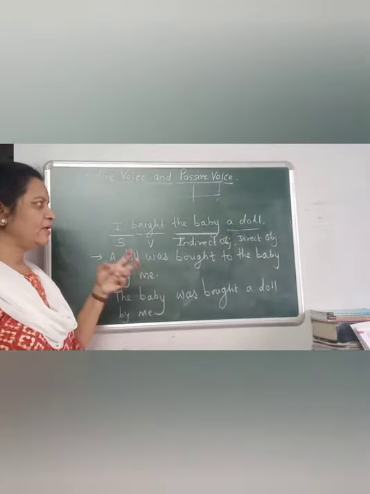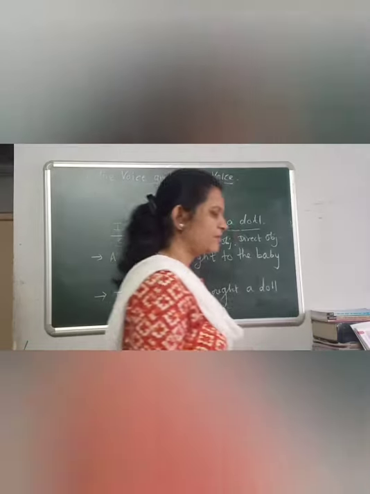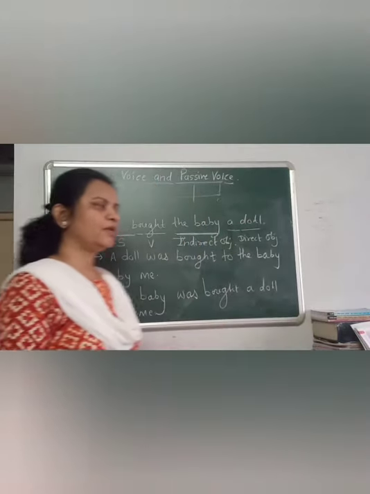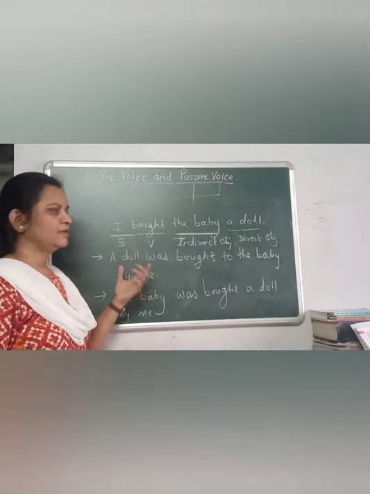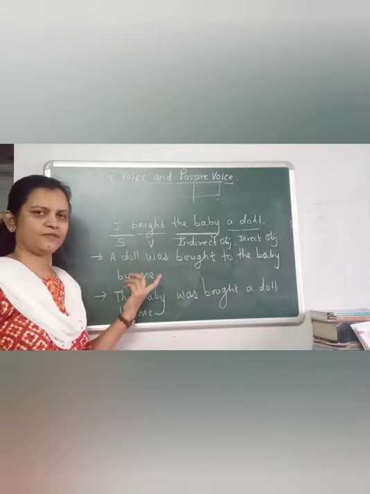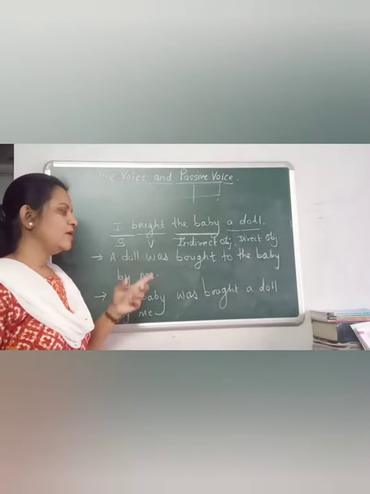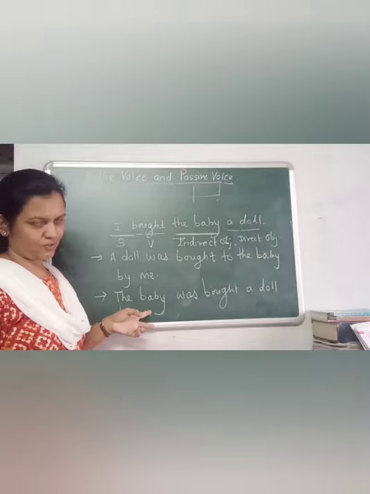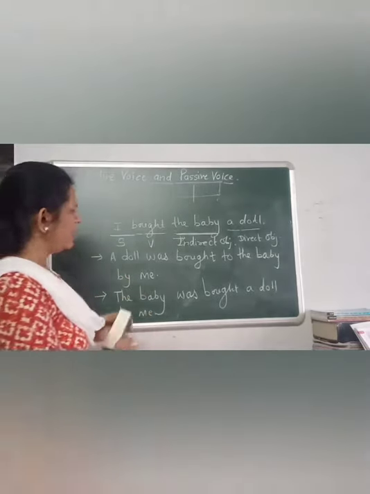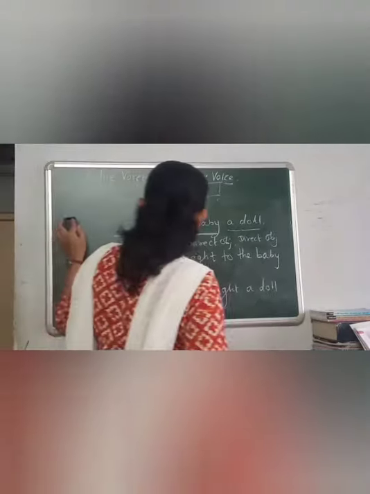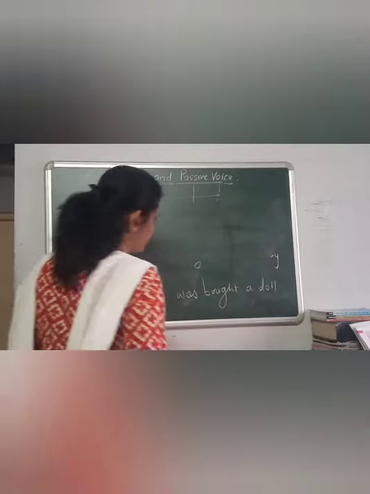In this way, those sentences which have a direct object and an indirect object, we can write down two answers there, by using the direct also, by using the indirect also. And any one answer which you write in your answer paper will be correct.